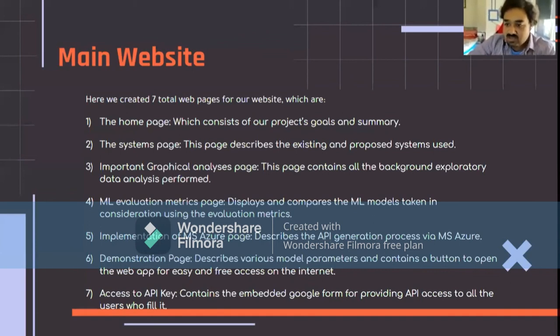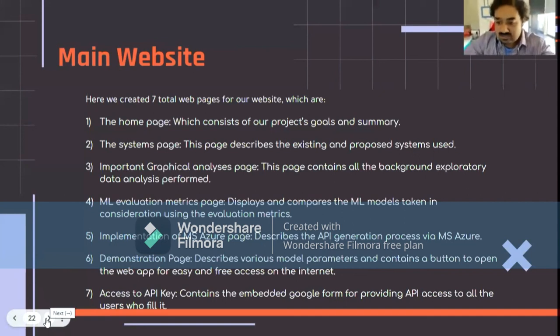And then the demonstration page describes the various model parameters and contains a styled button which can open the web app for easy access, and it will be free on the internet for anyone to use. Then next is the access to the API key page. This page contains an embedded Google form providing API access to all the users who fill it.